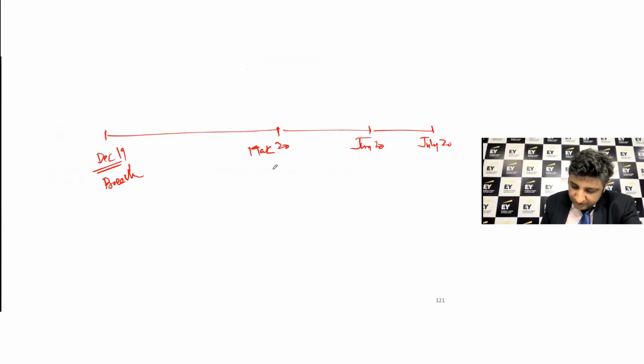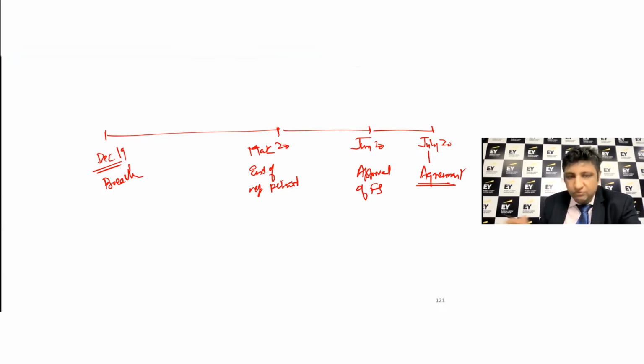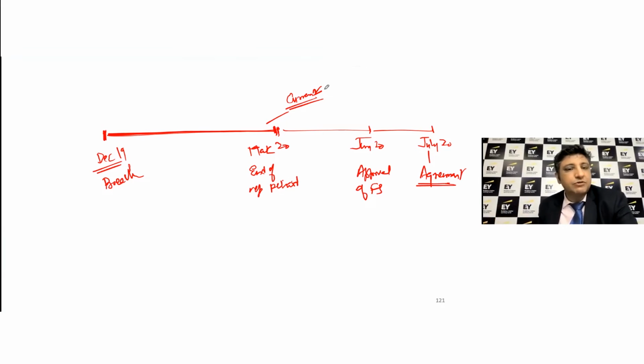So there's a breach, and this is the end of the reporting period, right? This is the approval of financial statements, and this is the agreement, where the lender, company B, says that it would not be demanding the repayment, okay? Importantly, the breach took place here, and it is appearing current because the money is payable immediately as per the provisions. As per the agreement, the money becomes payable, right?